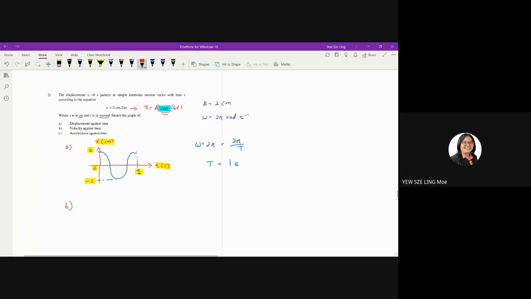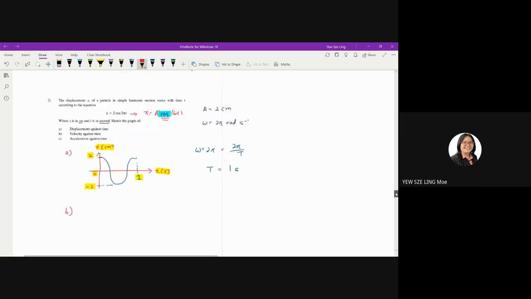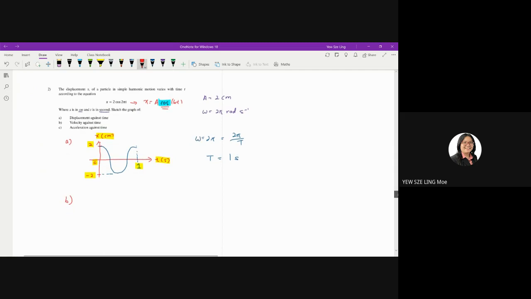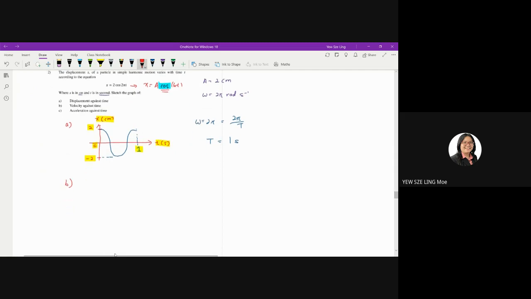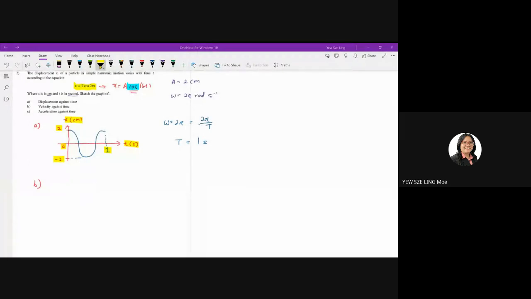So you have the general equation, x equals 2 cos omega t. What I want you to do is learn how to differentiate it first, differentiate and then sketch the graph. I will give you the answer after 5 minutes. I want you to try it first.